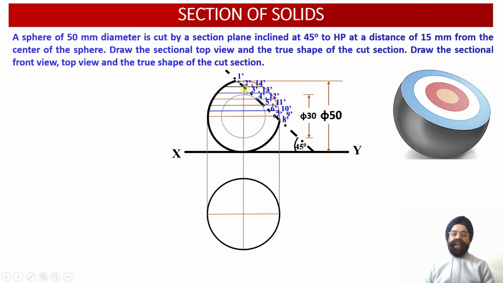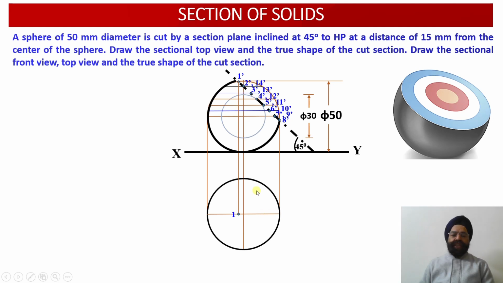So now, having identified 14 points of intersection in the front view projections, let us locate all of these 14 points in the top view projections over here. So from the point 1 dash, if we draw a vertical projector over here, we will find that it is going to intersect with this diameter in the top view at this position.